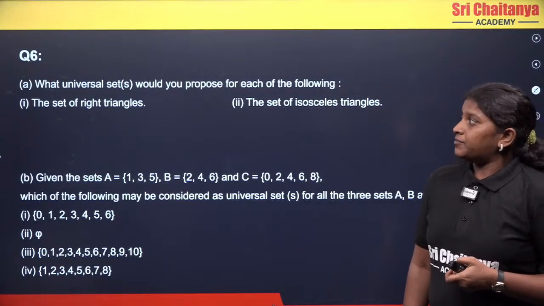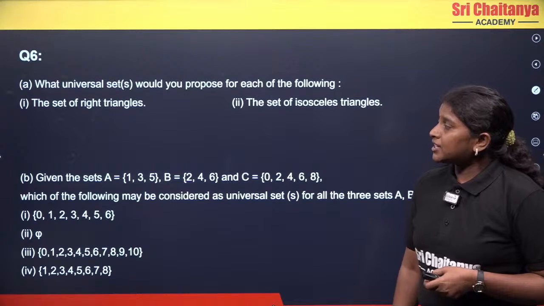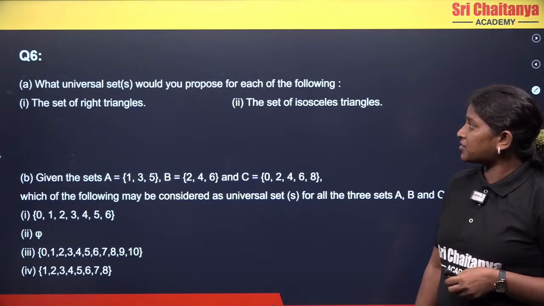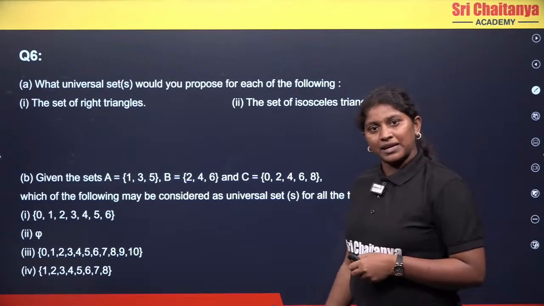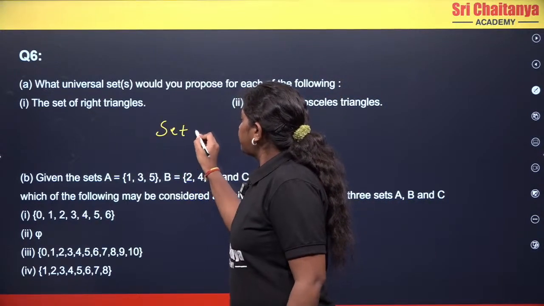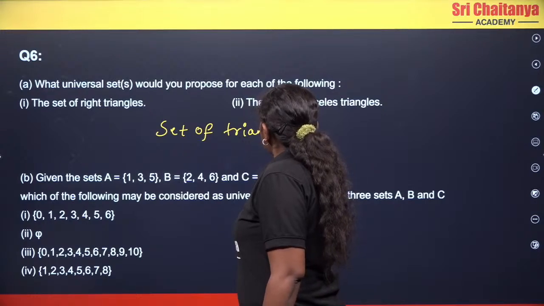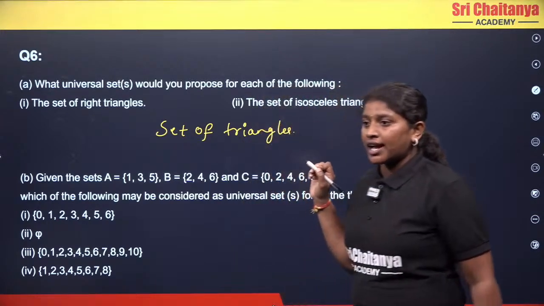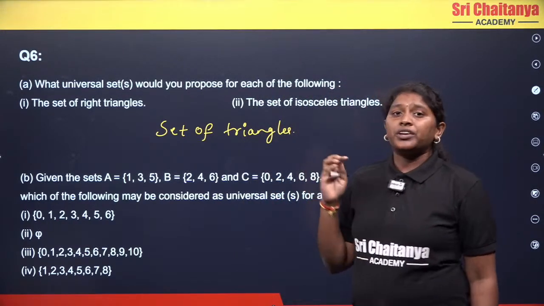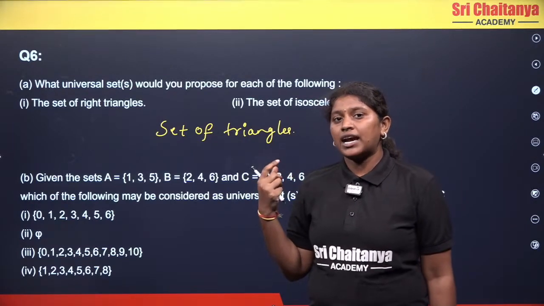Now moving to the next, what universal sets would you propose for each of the following? The set of right triangles and the set of isosceles triangles. So what do you think is the best? We can take entirely the set of triangles. Why? Because if we take the set of triangles, there will be a chance that we get the set of right triangles, the set of isosceles triangles, and obtuse, acute, and everything.